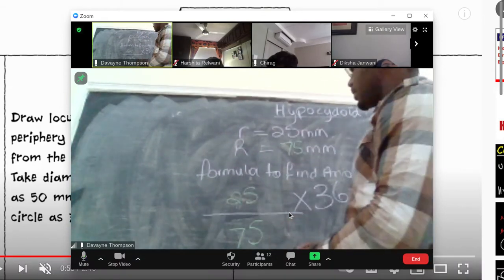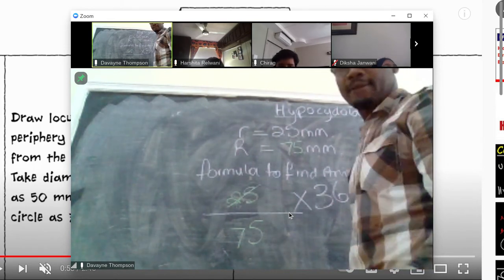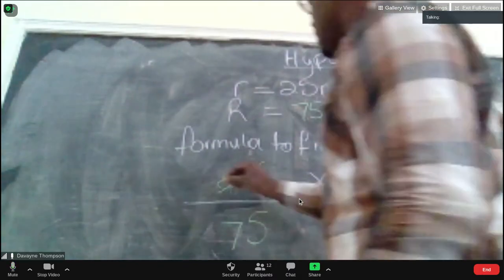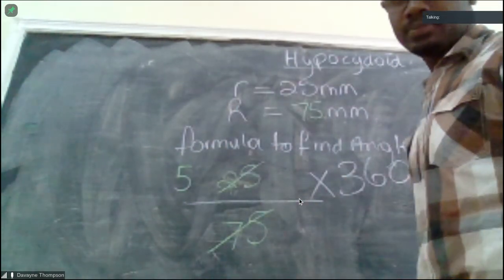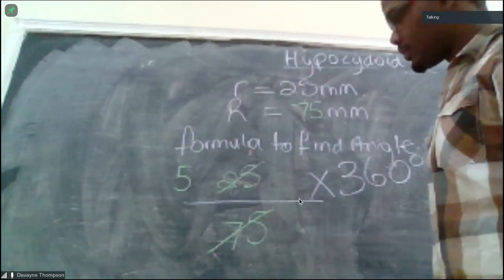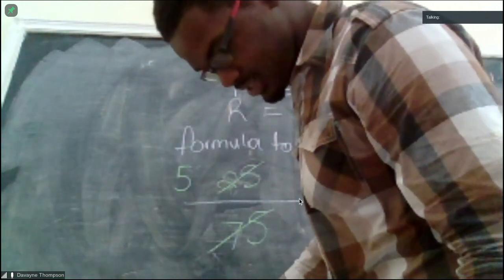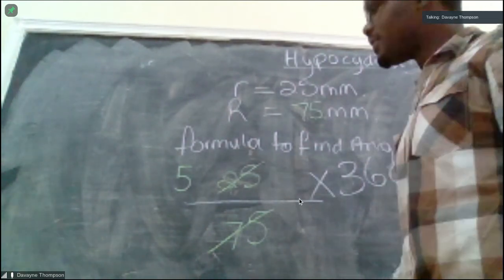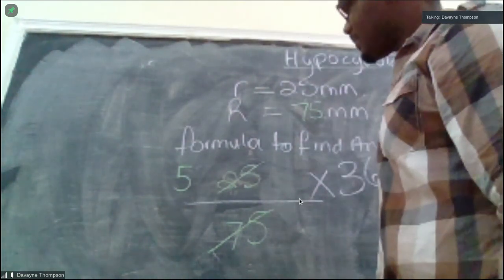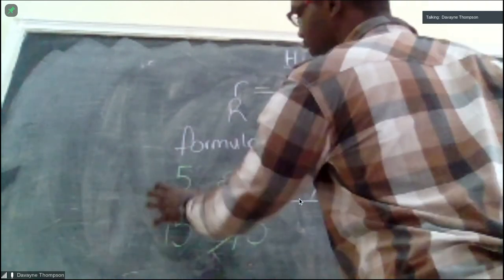Simplify this for me. 5 into 25 goes how many times? 5 times. 5 into 75 goes how many times? 15 times. Okay, Google, what's 75 divided by 5? The answer is 15. Alright, so Google's a part of the class. So the simplified fraction is 5 divided by 15.